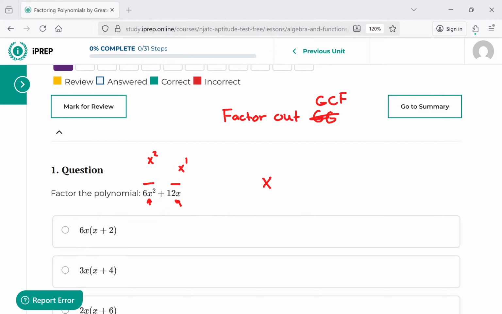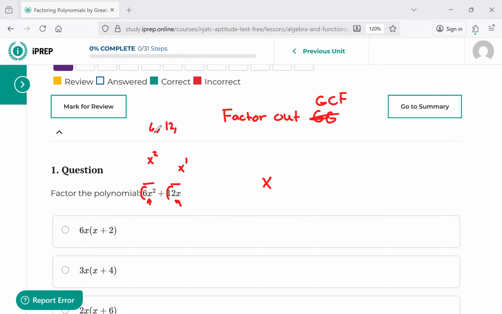And then the constant. Our constants are 6 and 12, right? I always tell my students, what is the largest number that they're both divisible by, meaning it doesn't give you any decimals? Between 6 and 12, I know they're divisible by 2, but is that the largest?